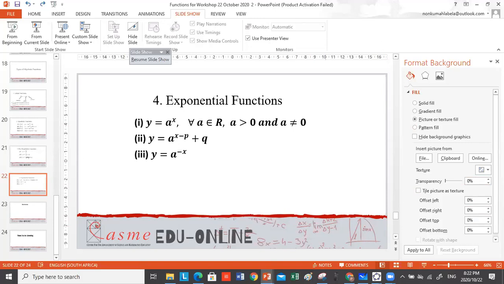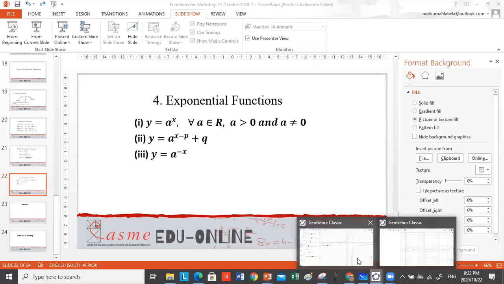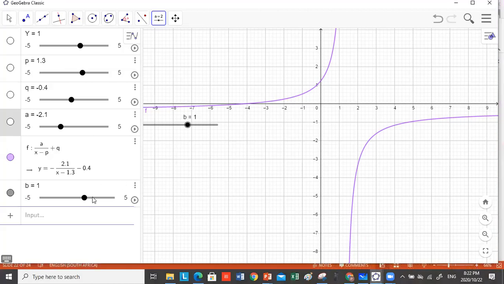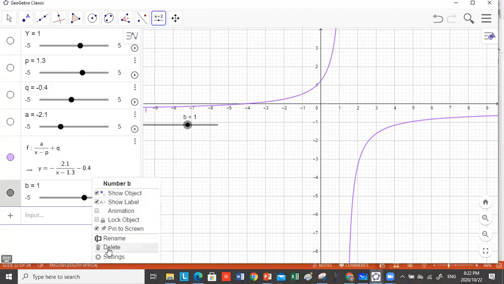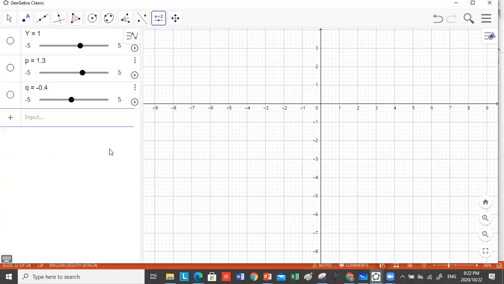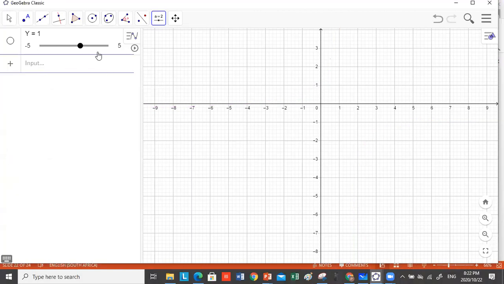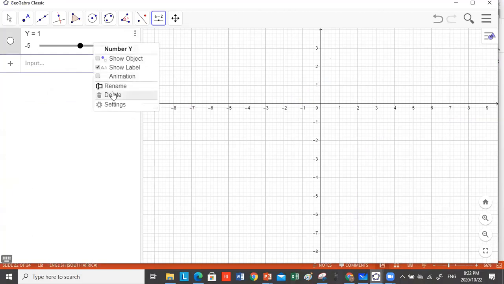My mouse is misbehaving here, it's very sticky. Let me go to our GeoGebra page and clean up the space so that we have sufficient space for dancing.